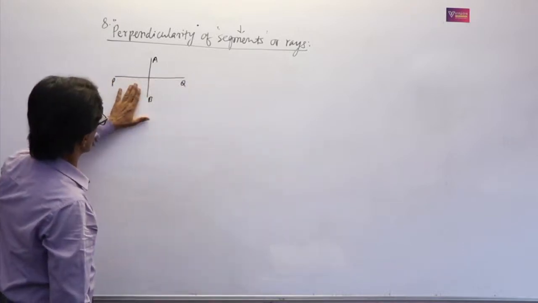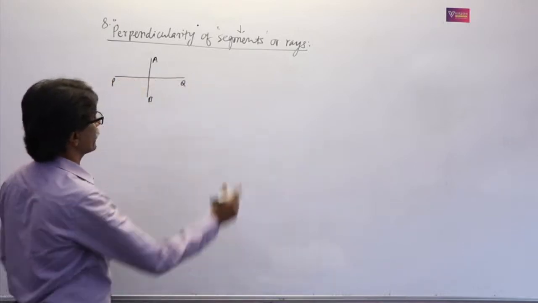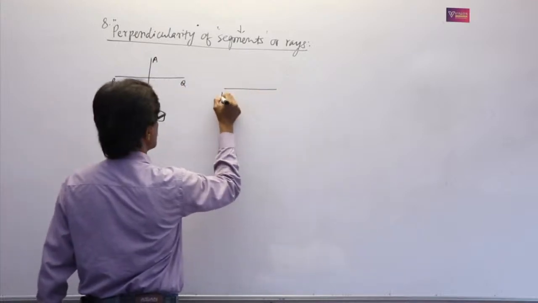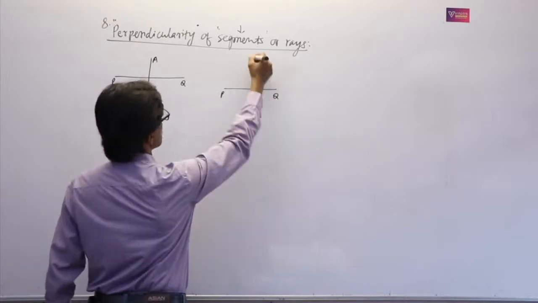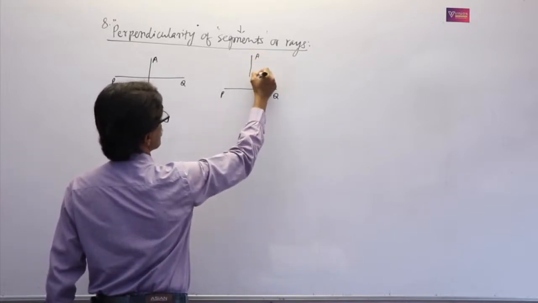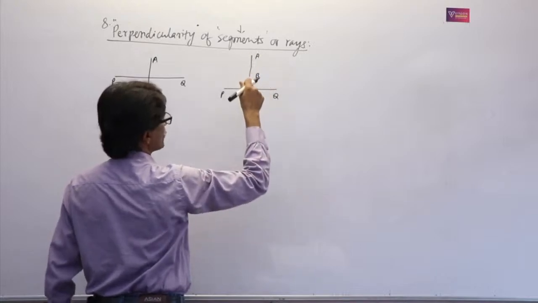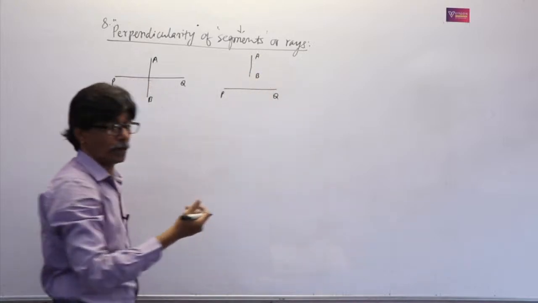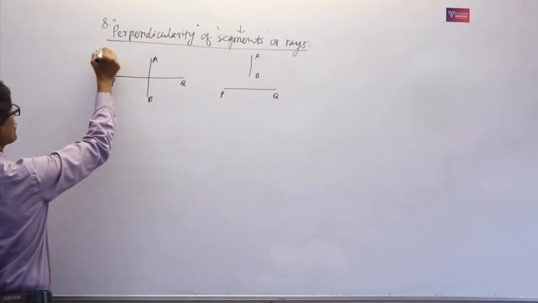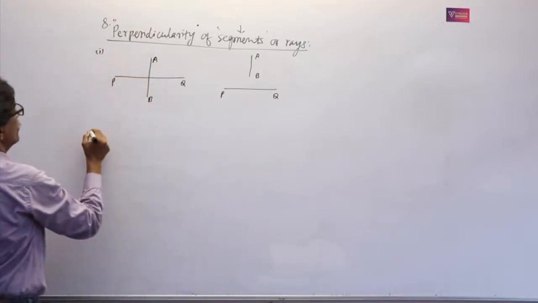So this position of two segments can be like this also. This is very important. Same segment PQ, and I just take segment AB, and now I say that segment AB is perpendicular to segment PQ. But when? How? That is the study. So this is about the segments. The first is about segments.